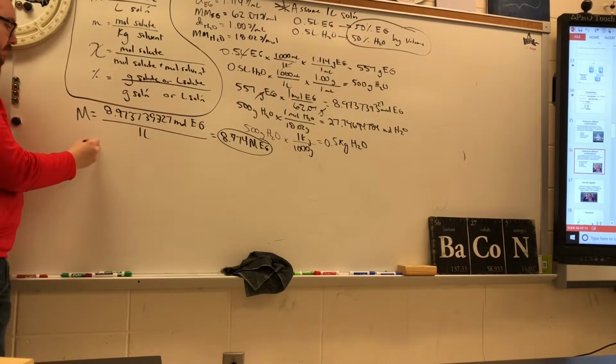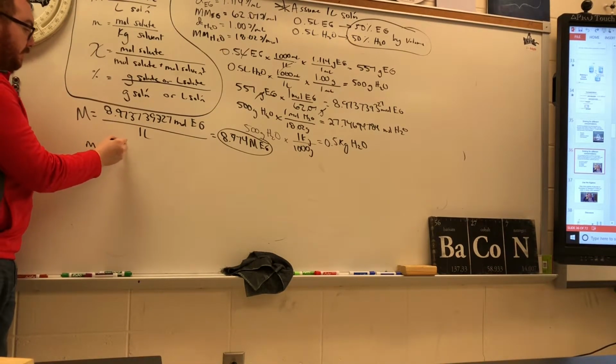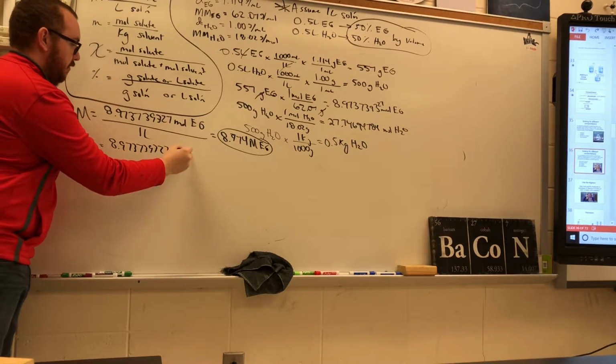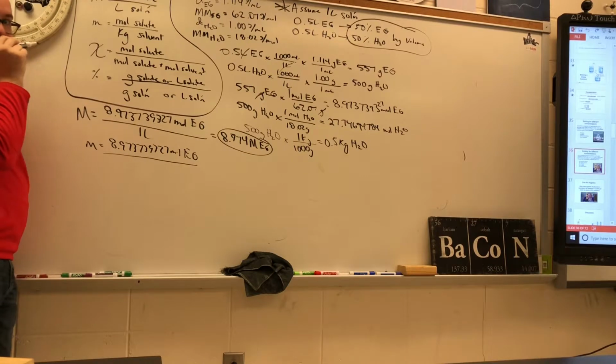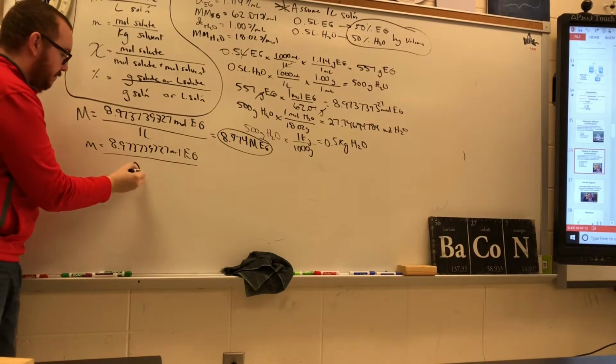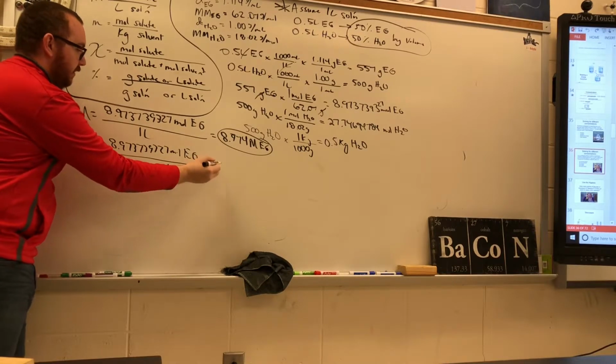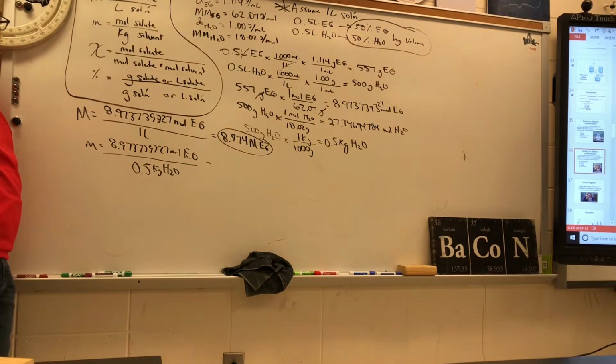Molality. Same thing. 8.973739327 divided by 0.5, kilograms of water. So we're going to divide it by half, basically. So molarity and molality were very different this time. Last time they were pretty close, weren't they? Depends on the temperature, depends on the compounds. It depends on a lot of different things. Their densities. So what do you get here?